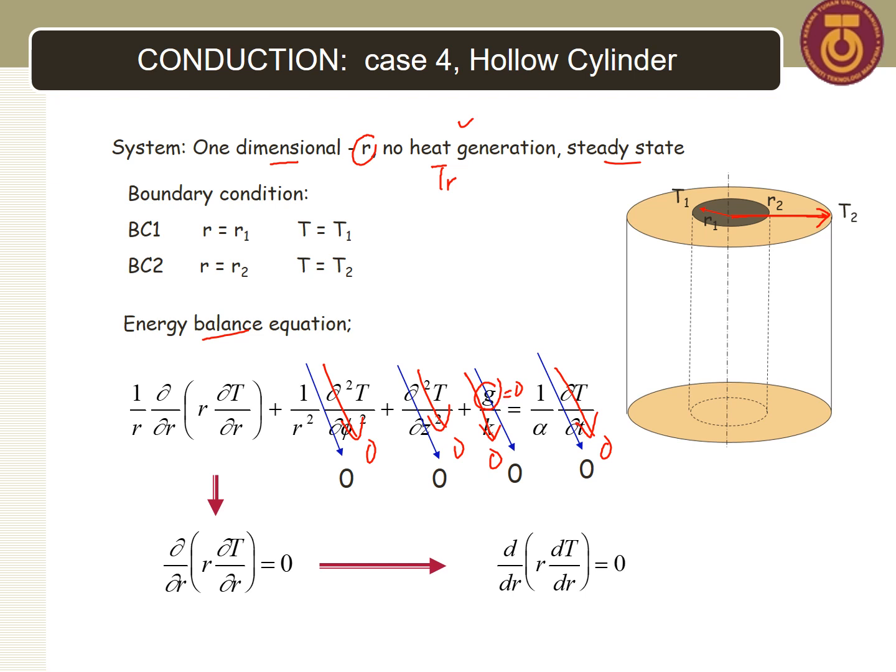Okay, and the result is the overall equation of energy balance equation is simplified, becomes this, and because under such condition temperature only depends on radius. Okay, and because of that the PDE can now be simplified into an ODE. Okay, so delta now becomes D. Okay, so we will start deriving from here.